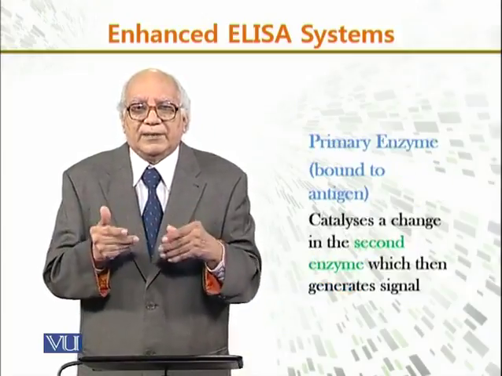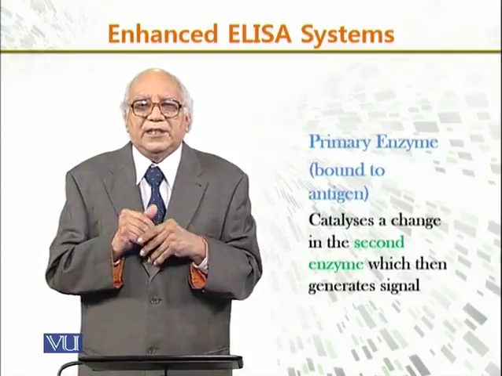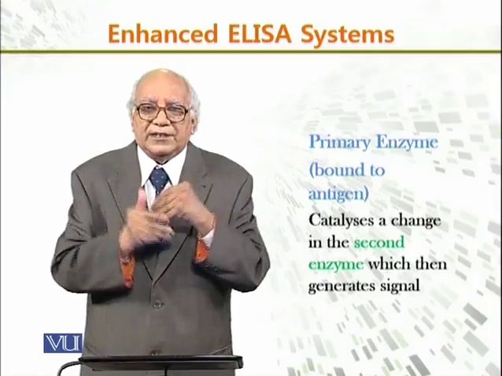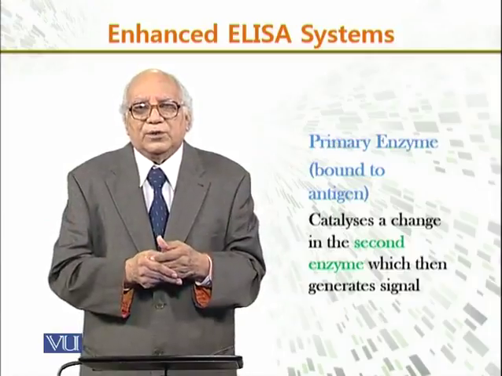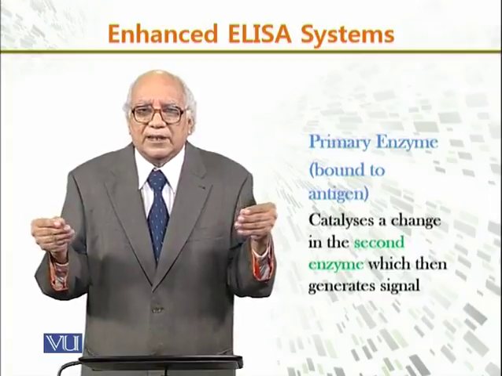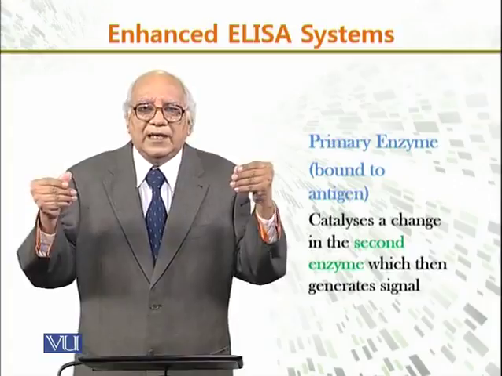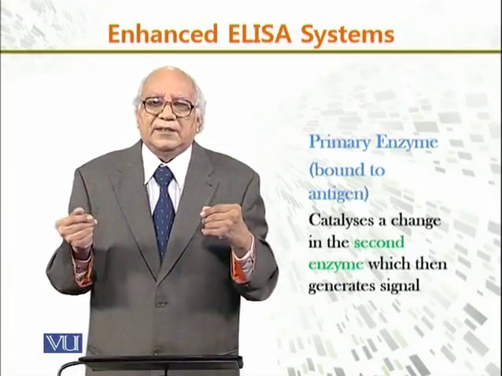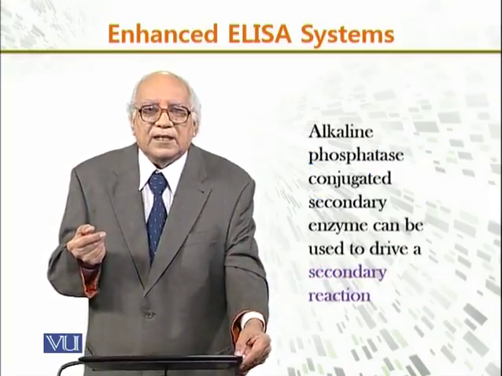The primary enzyme, which is bound to the antigen, catalyzes a change in a second enzyme, which is then generated, and which then generates the signal that can be measured. So again we are using a multi-enzyme system.